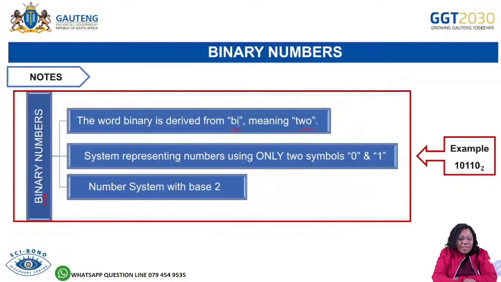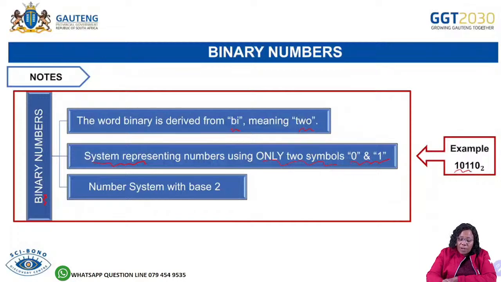It's because it's a system that represents numbers only in two symbols, that is 0 and 1. So when we talk binary numbers, we will only represent our numbers using a 0 and a 1. That is why they use bi for two, because there are only two numbers that are representing binary numbers, which is only a 0 and a 1.